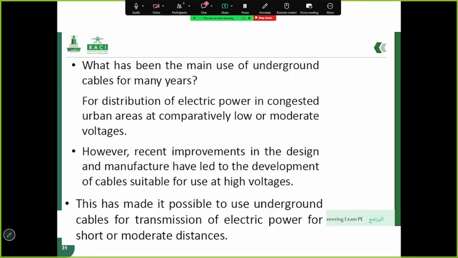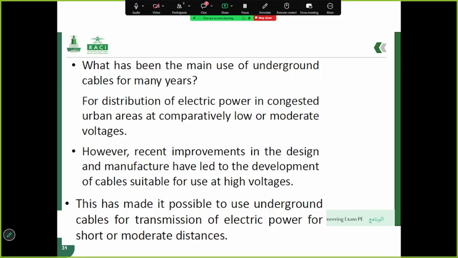However, recent advancements in both the design and manufacturing of cables have brought about a significant change. These innovations have led to the deployment of robust cables that are now suitable for use at much higher voltages.